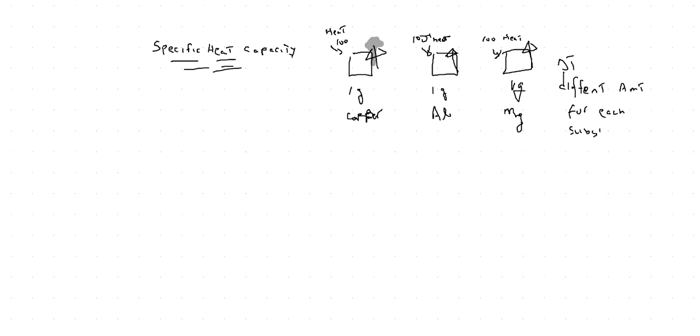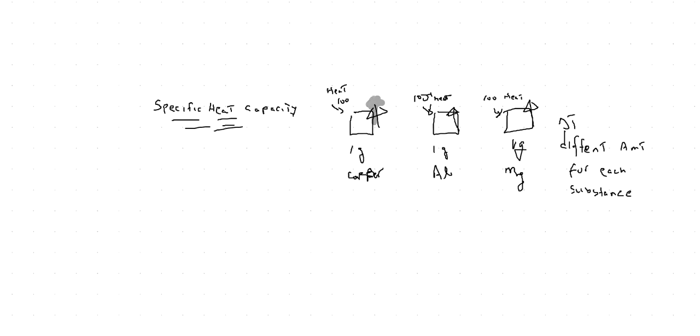The quantity that characterizes how much each substance's temperature goes up is called the specific heat capacity. So this is somehow going to be a measure of how a certain substance's temperature changes with adding heat to it.